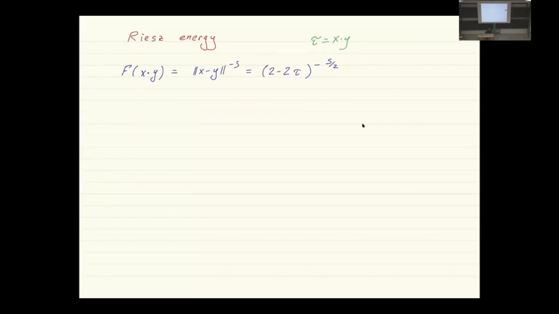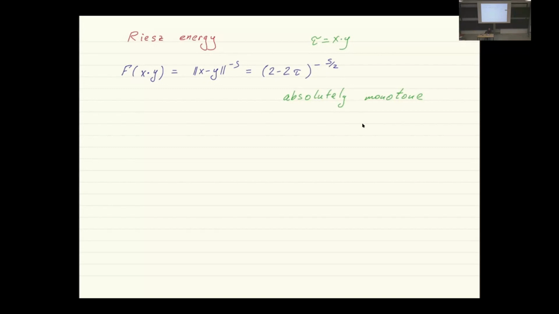Now it's very easy to check that this is absolutely monotone. Every time you differentiate, you pick up a negative power and then a negative sign from here. So all the derivatives are going to be positive. So for all Riesz energies with any positive value of s, sharp configurations are minimizers.